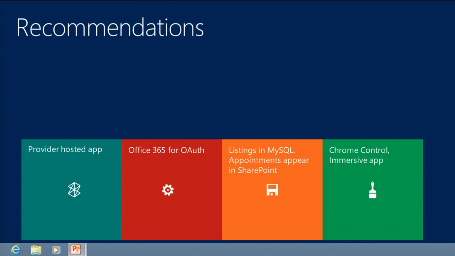But also that the listings will continue to appear in MySQL, appointments will appear in SharePoint, and we'll also leverage this thing called the Chrome control in SharePoint 2013 that allows us to enable our app to look and feel as though it's part of the SharePoint experience. And again, we chose the immersive app shape.